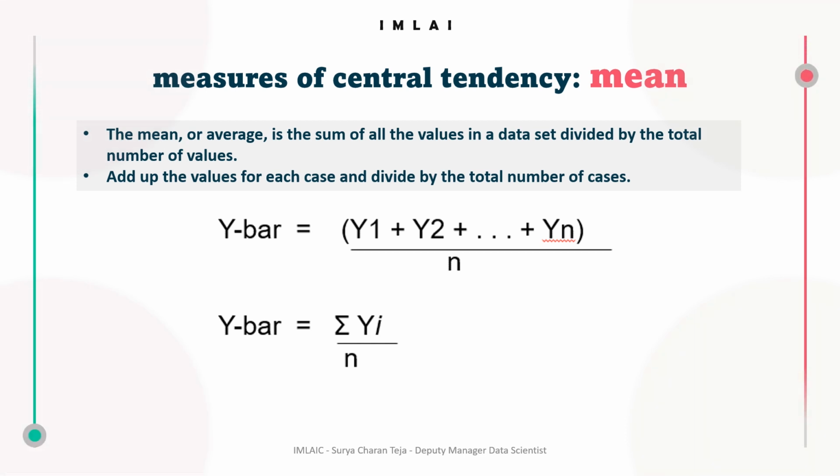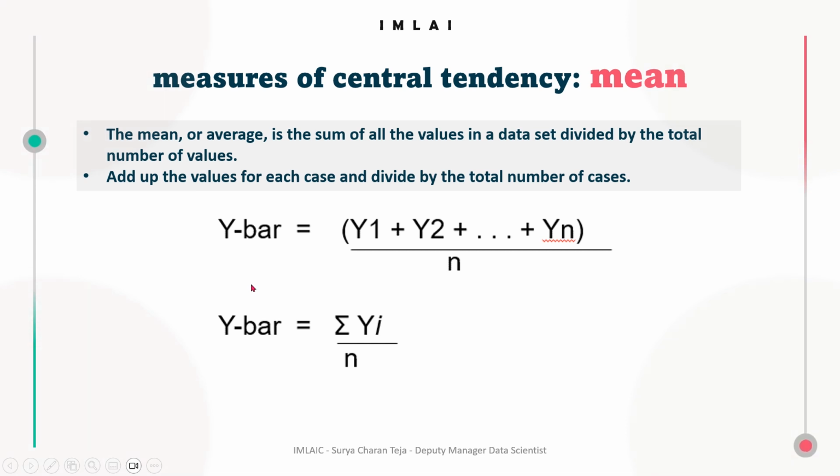Another way of representing the mean or average is y bar equals the summation, sigma, of yi divided by n, where under the sigma you have i equals 1 till n. That's the accurate mathematical representation of the mean or average.